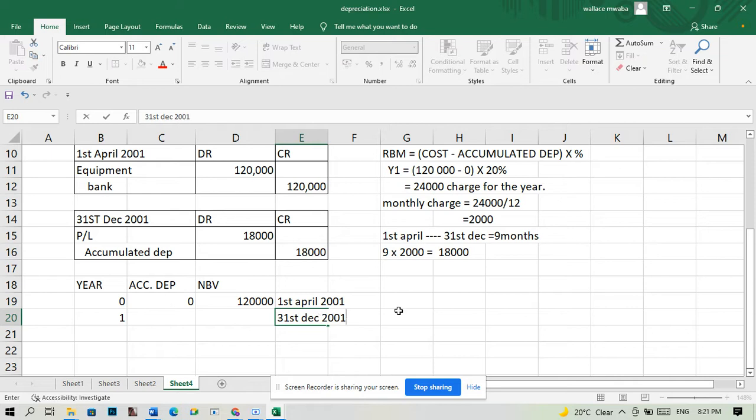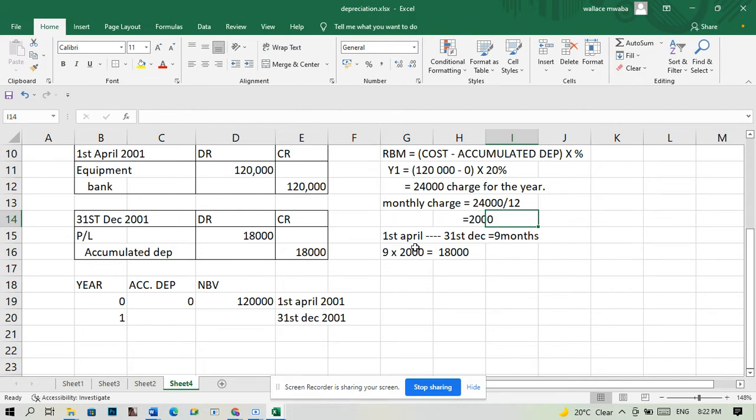Okay, we've already calculated the value, but if you want to calculate it again, you can say 30% of 120,000, that is 24,000. Then you still have to make the adjustment for the year end, so you divide that 24,000 by 12 and get your monthly charge, which is 2,000.